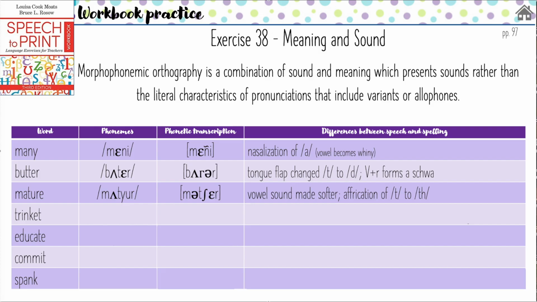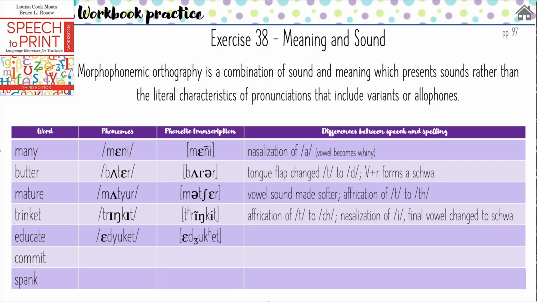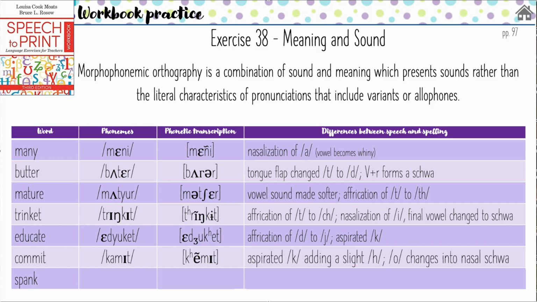So if you paused and did it, then you can go ahead and check the answers. They're also in the back of your book. Let's look at what happens with some of these allophonic variations. To touch on a few, we have something like trinket. You see this in train, where, because of the movement of the mouth, the TR sounds a little bit like a ch. You have a nasalization of the i, and your final vowel can turn into a slight schwa.